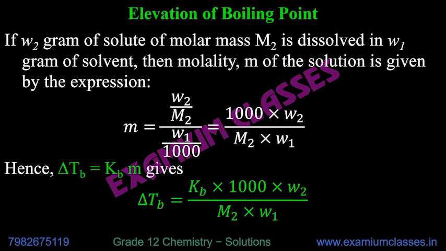Normally, it will be asked how much it will increase or the new boiling point. New boiling point will be initial boiling point plus change in boiling point. The new boiling point will be this one. So for example, for water solution, it will be 100 for pure water plus whatever is the increased delta TB. That will be the new boiling point.